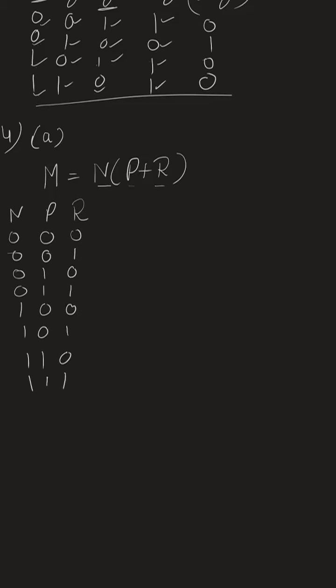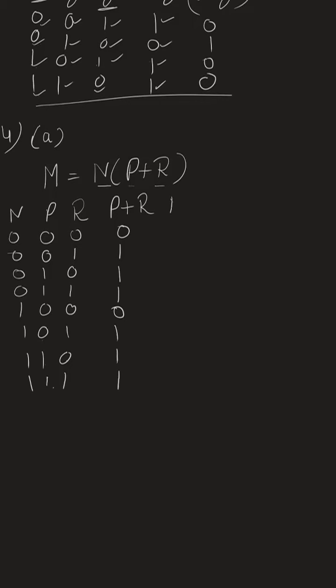Now we need P plus R, so you can find out here P plus R. So 0 plus 0 is 0, 0 plus 1 is 1, 1 plus 0 is 1, 1 plus 1 is 1, 0 plus 0 is 0, 0 plus 1 is 1, 1 plus 0 is 1, and 1 plus 1 is 1 here.